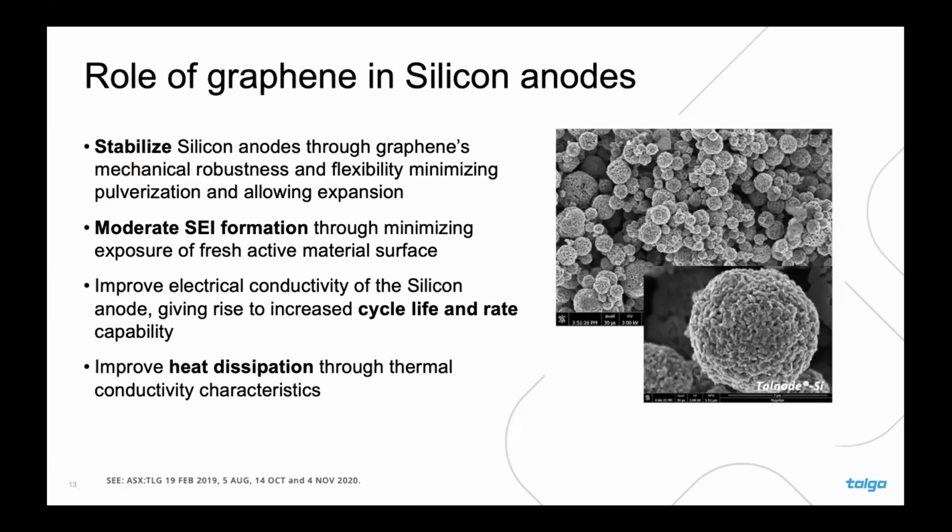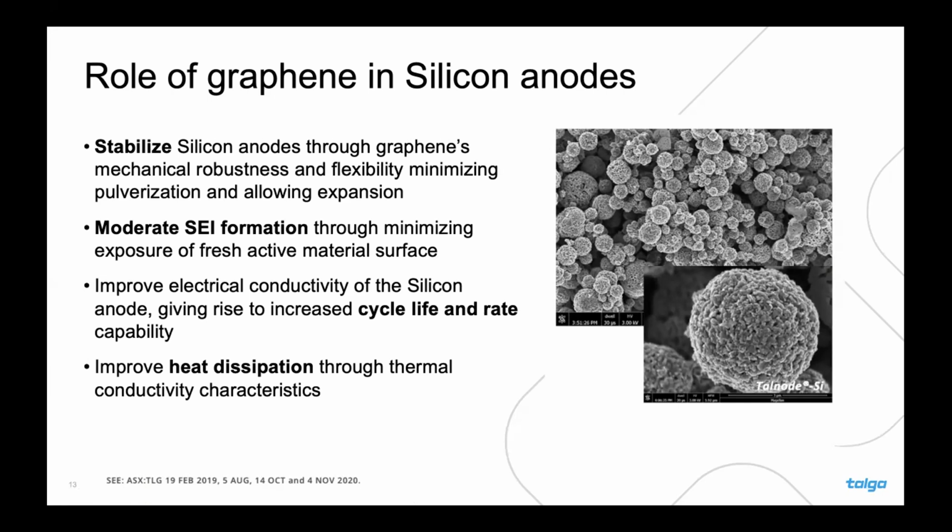Graphene can act as a coating that protects the silicon. But because it is mechanically robust and somewhat flexible, it can also create a structure that accommodates the silicon's expansion.